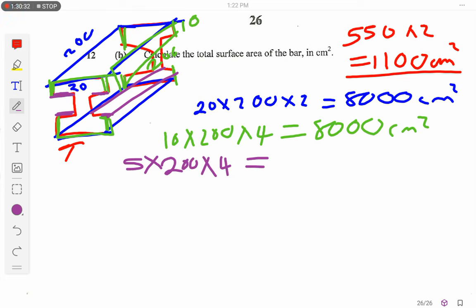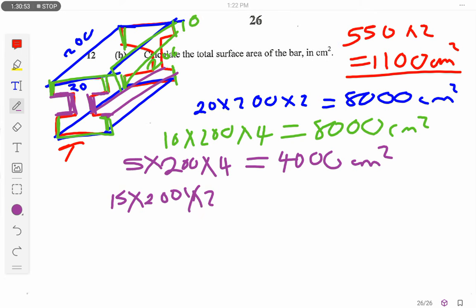When I multiply these, I get 4,000 centimeters squared. Then the last part left is these ones. Their distance is 15 times 200, which is the length, times 2 of them. So I'll get 6,000 here.